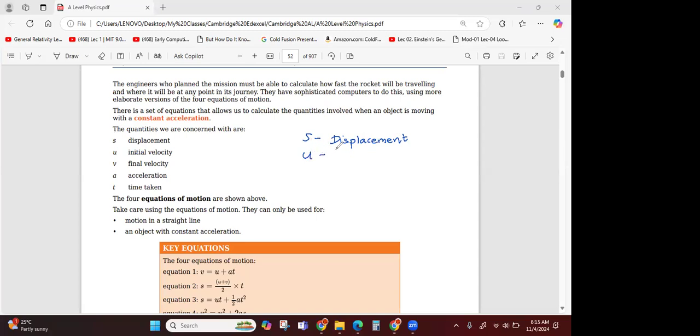Simple it is actually. Initial velocity. V, final velocity.